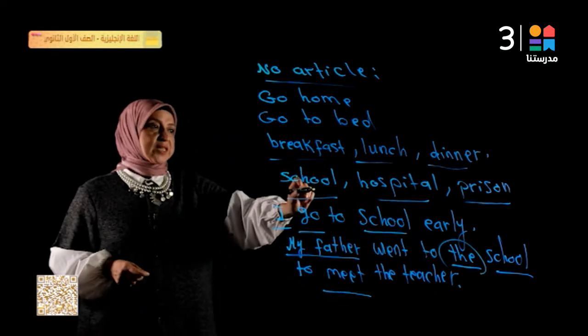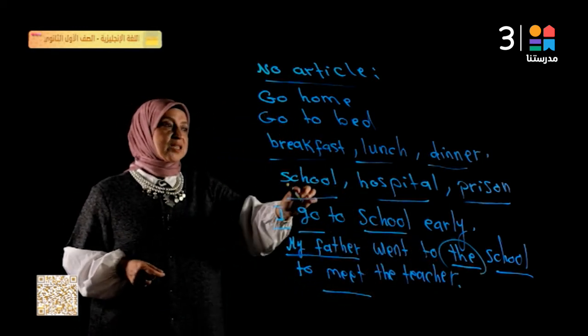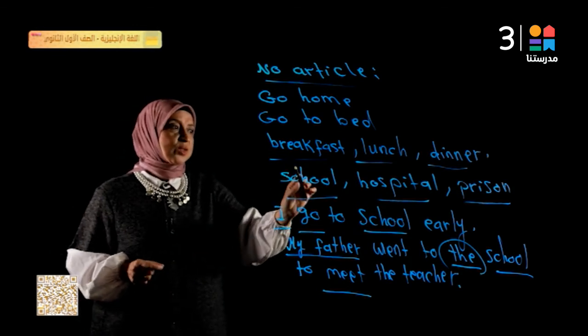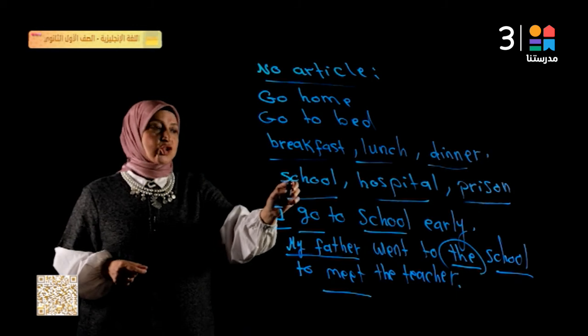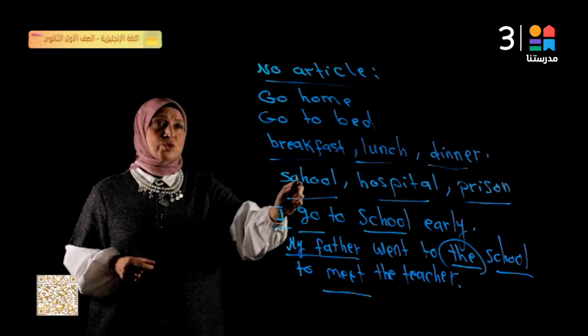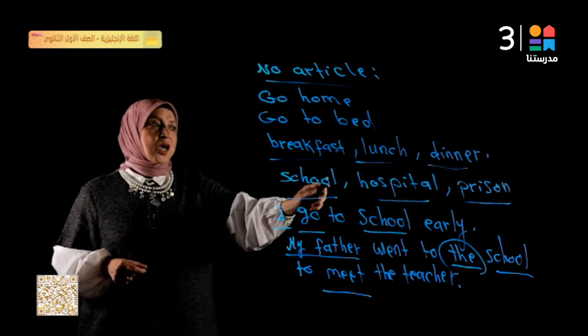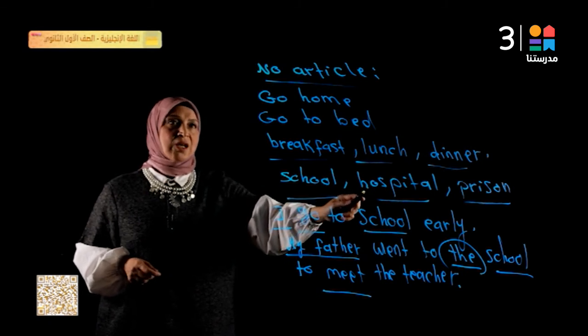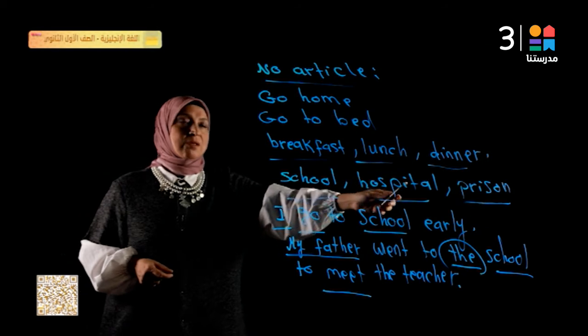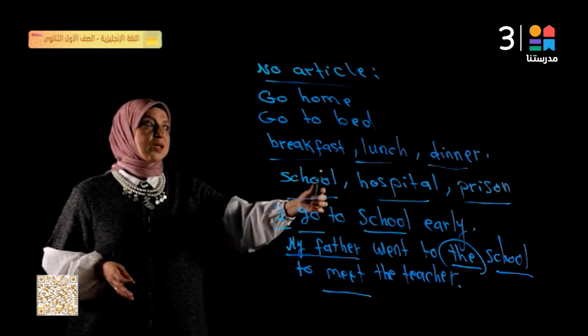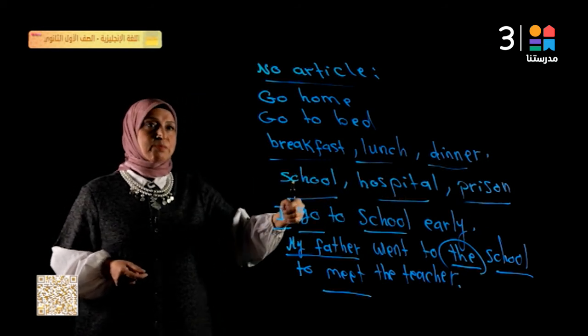So these places, hospital, prison, and school, if we go to these places for their original reason, we don't use "the". I say I go to school means I'm a student. I went to hospital means I am ill and I go to have treatment. I go to prison means I'm a criminal and I'm punished at this prison.